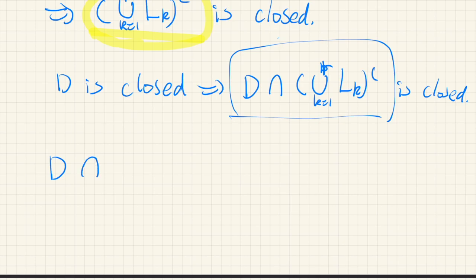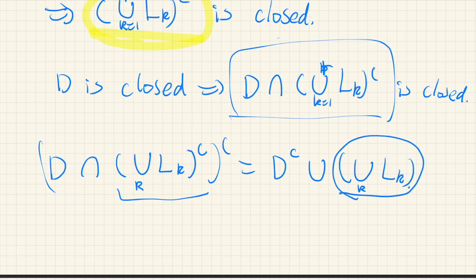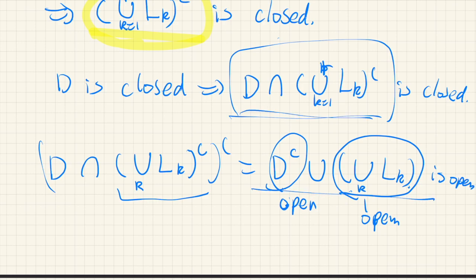Let's take the complement of this, the union of LK. By De Morgan's law, this is D complement union the complement of this, which is the union of this. Since D is closed, D complement is open. This one is open, this one is open, and the union of open sets is open. And therefore, the complement of this is closed, which is this.